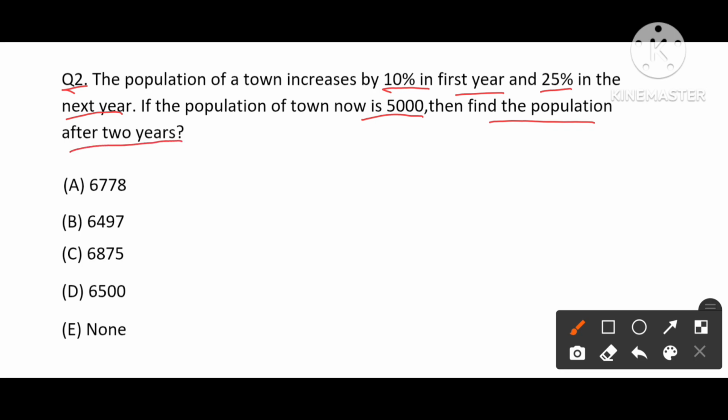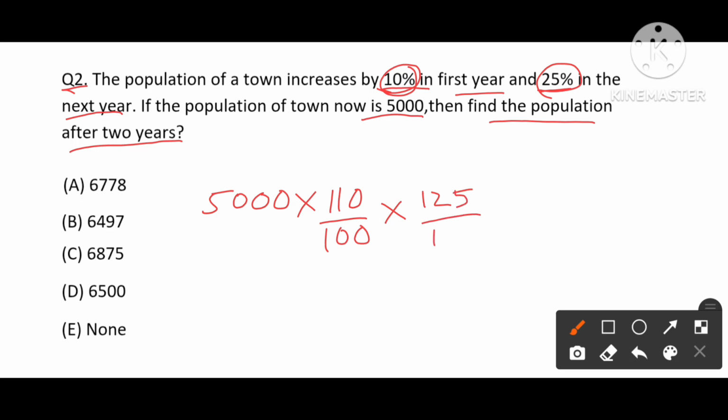So at present the total population is 5000 and it says that first year 10% will be increased. So 10% increased means 110 by 100 into, in second year it will increase by 25%, means 125 divided by 100.